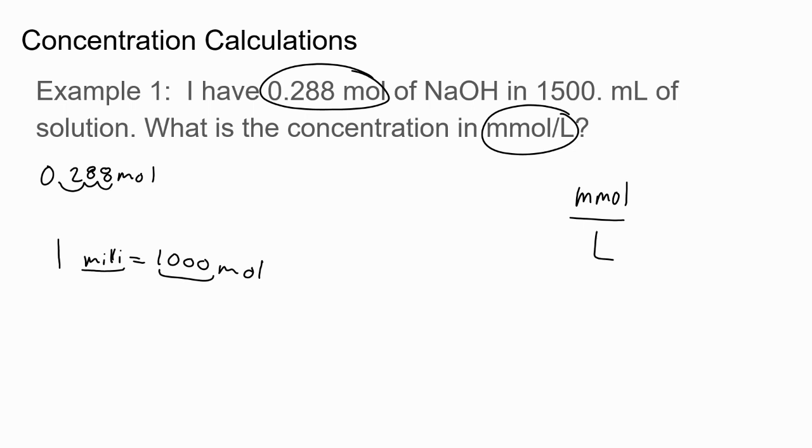So 1 millimole is 1,000 moles. No. Would it be 1,000 millimoles in 1 mole? Yes, you're right. That would be the other way around. That makes more sense. Okay, good.